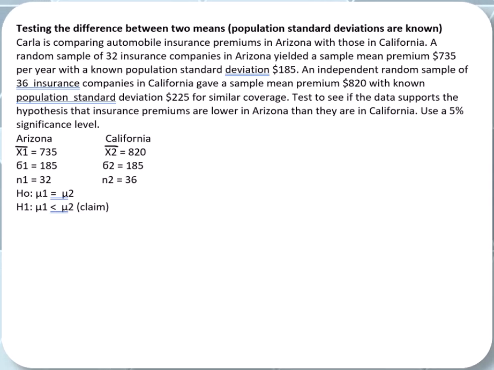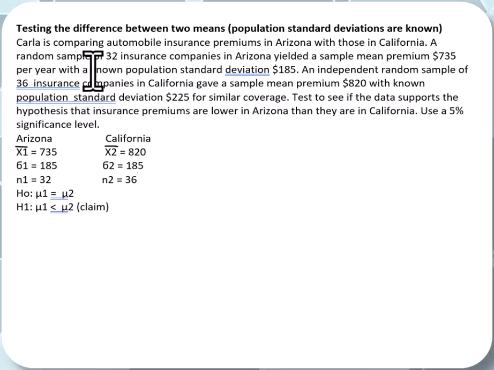Carla is comparing automobile insurance premiums in Arizona with those in California. So we have two samples. A random sample of 32 insurance companies in Arizona yielded a sample mean of 735 with a known population standard deviation.